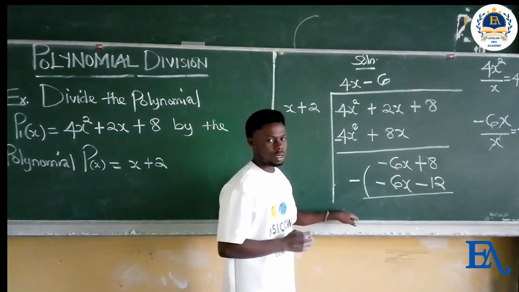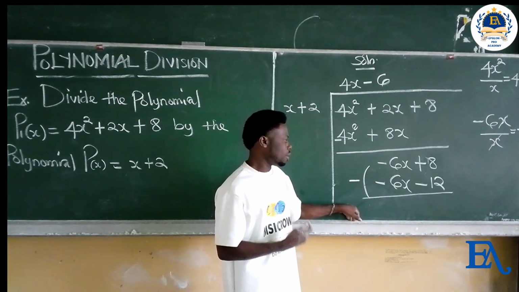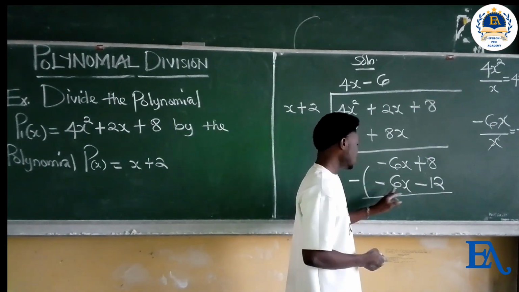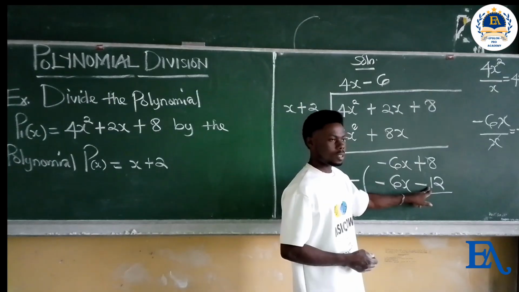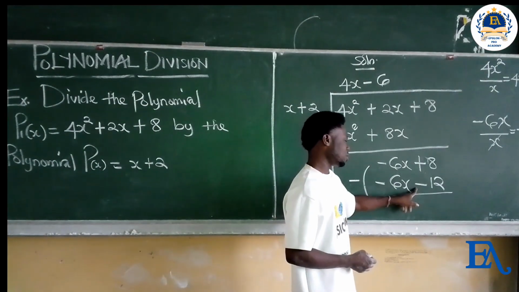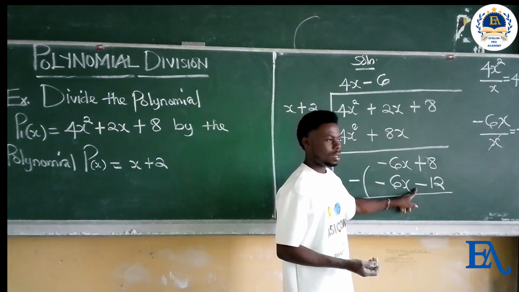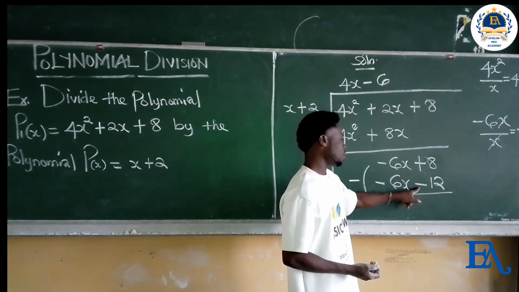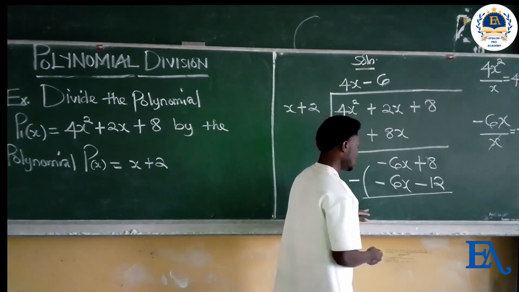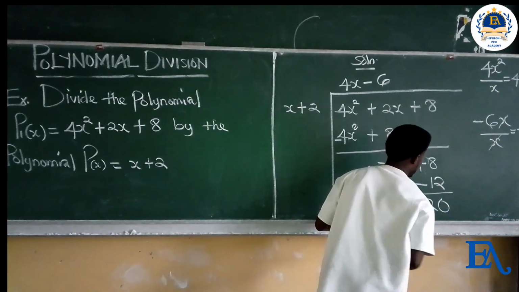I don't have to write the 0. Let's omit the 0. Next is plus 8 minus 12. Don't forget this sign written behind. So minus times minus again gives plus. And we are obtaining plus again. So that is plus 8 plus 12, which is equal to 20.